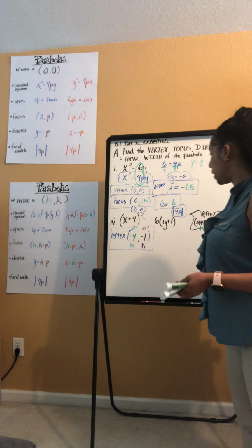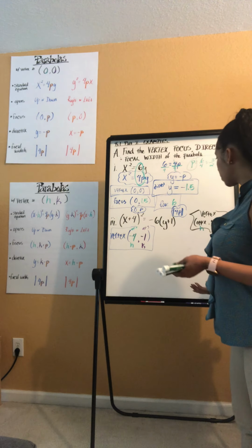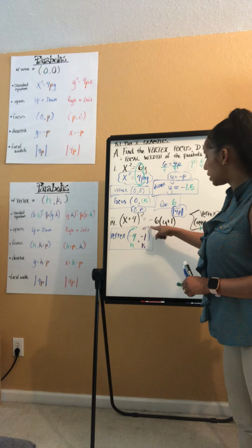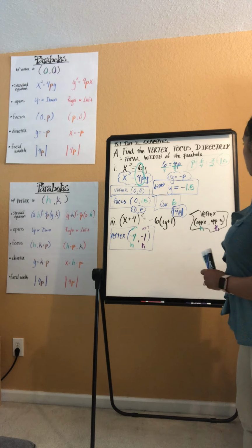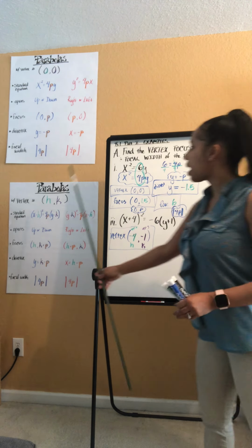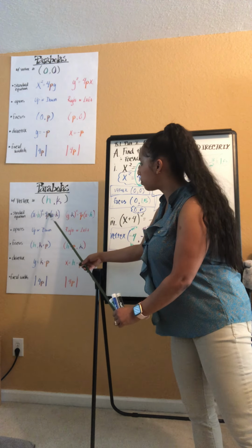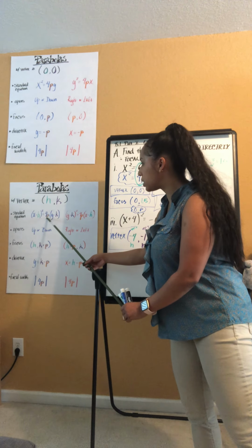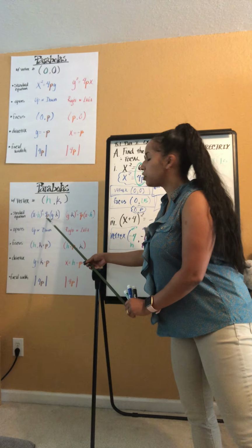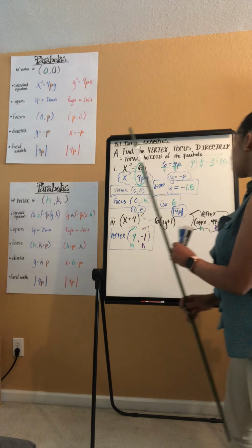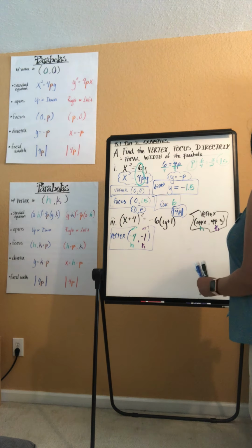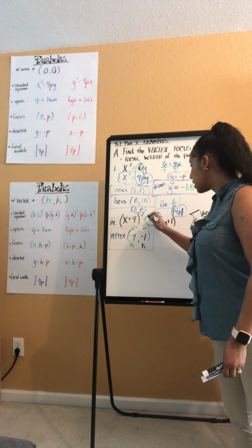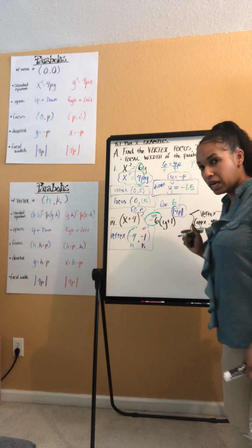The other thing I said we needed to find was p. The p is in here because, according to the formula, just like on the last one, I have x minus h squared equals 4p. Whatever number is outside of your parentheses is your 4p, the one that's not squared. So in this case, -6 is my 4p.